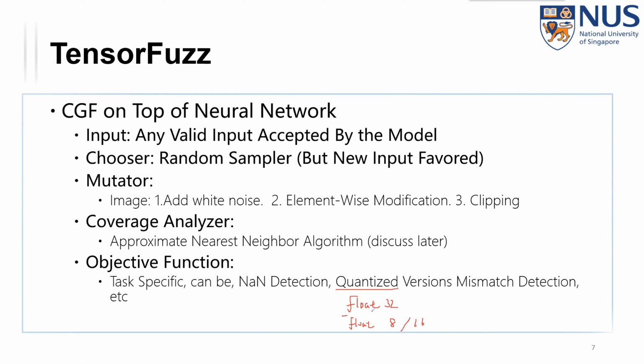So it's usually very hard to find samples that give different results in these two versions. But the author proposed using the mismatch of these two as the coverage objective function, and coverage-guided fuzzing will easily find such samples.